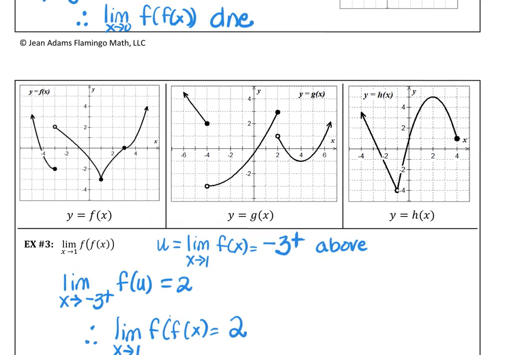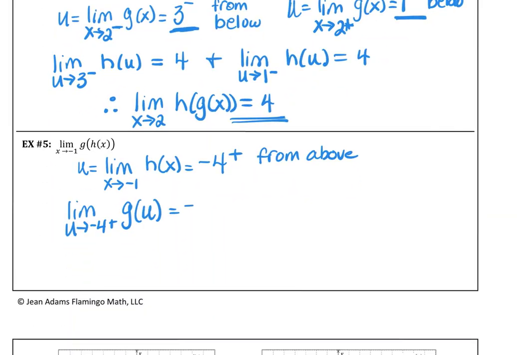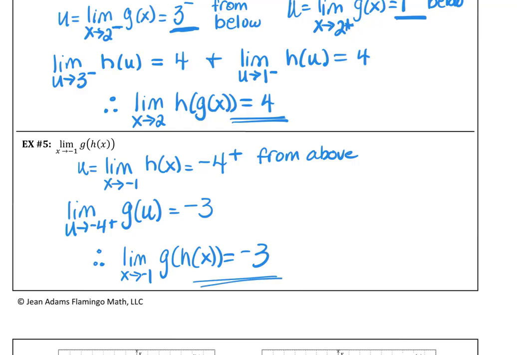So as we approach -4, here's -4, from above, that means from the right, our limit is approaching -3. So our limit will exist. It's approaching -3. Therefore, the limit as we approach -1 on the g of h of x composition will exist, and that limit will be -3.